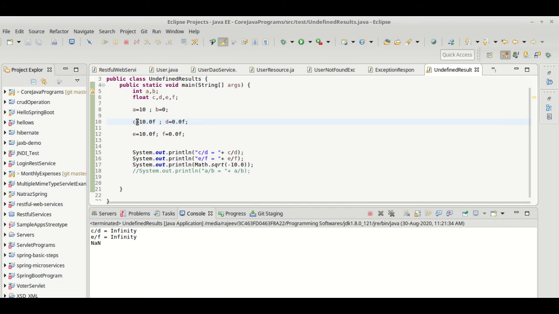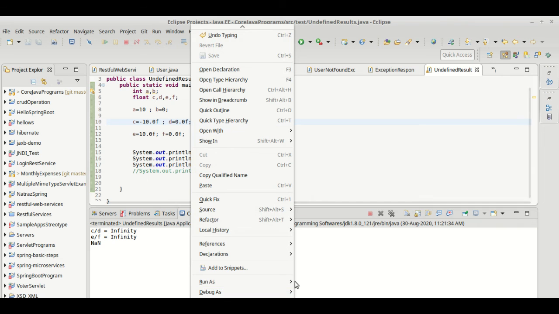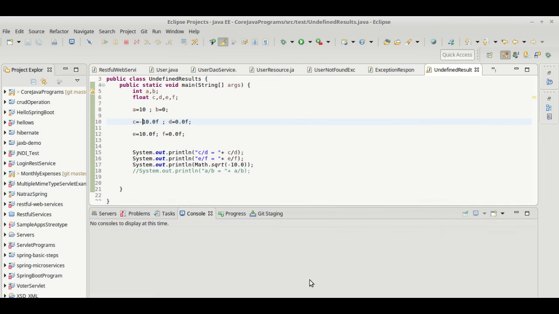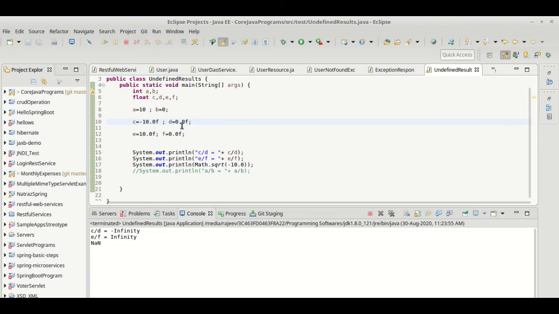After changing the value of C to 10.0 and running this program, we get C divided by D as infinity, because we are dividing this float by 0.0. Whenever we change this one to minus, then we will get negative infinity. See, save it and run it. When we run this one, we get negative infinity.